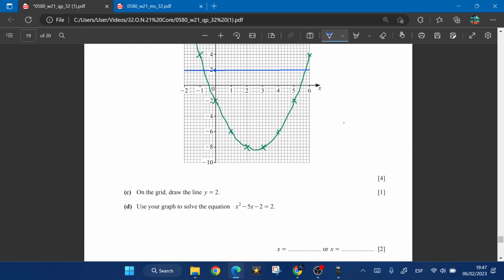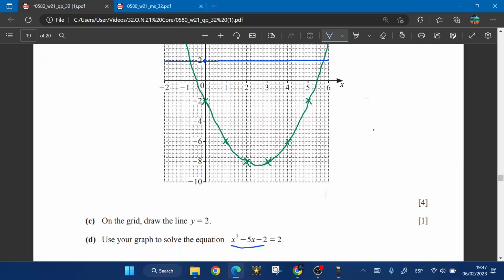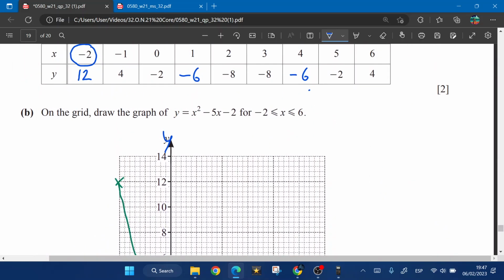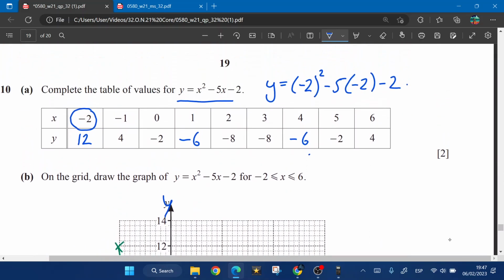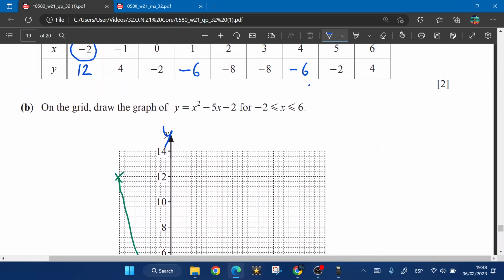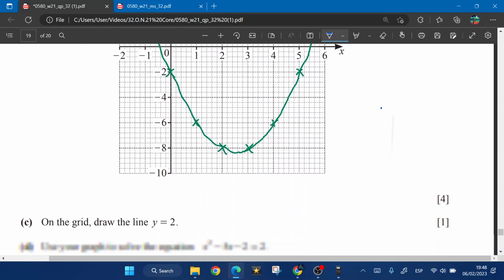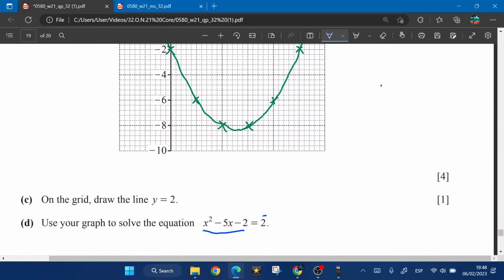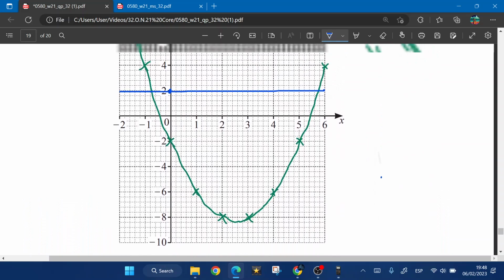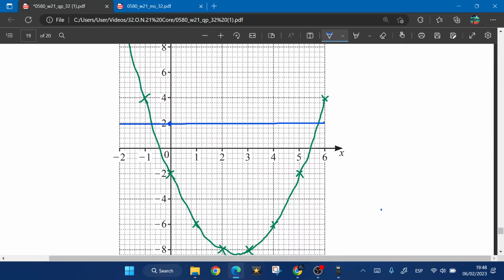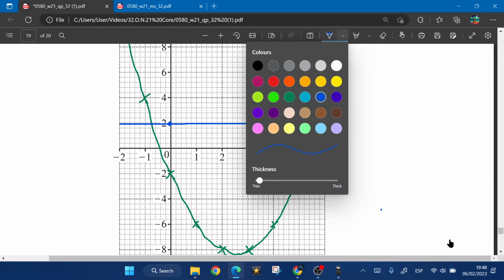Okay, let's use the graph to solve the equation. The first part of my equation is the equation of the green line I have here, which we had over there. And the second part of my equation: they've taken away the y, because y equals x squared minus 5x minus 2, and now we've got a 2, which means y has been changed for 2, which represents that line. So all we need to do now is see where y equals 2 and the graph cross each other. I'm going to use a light green.